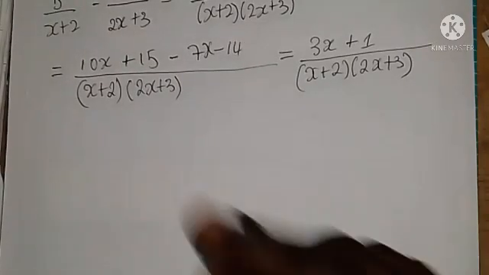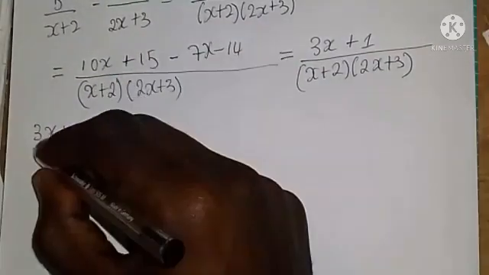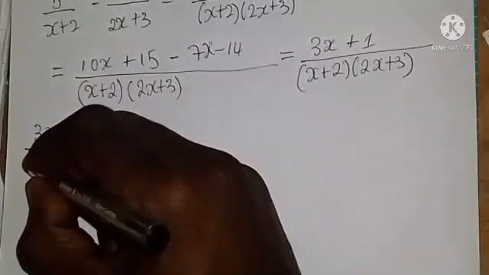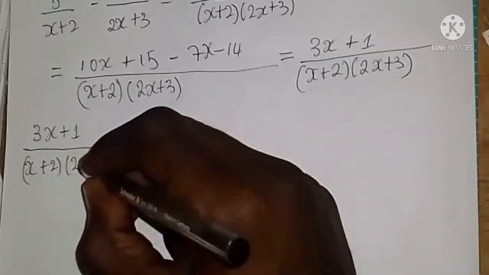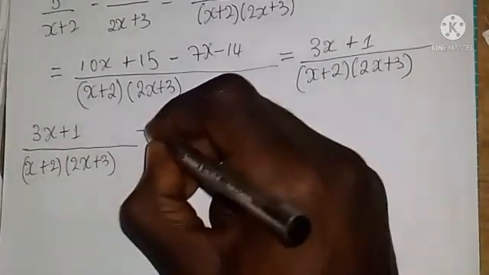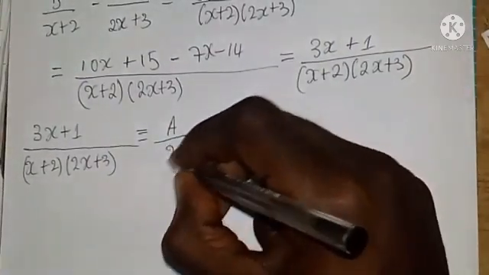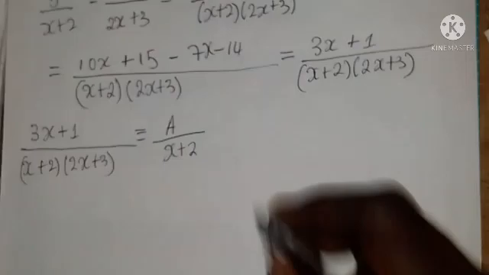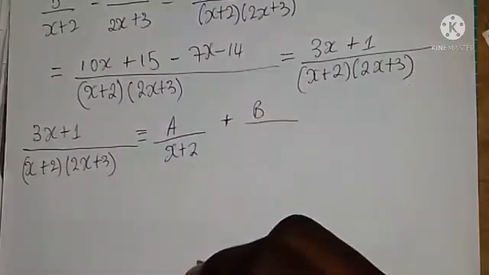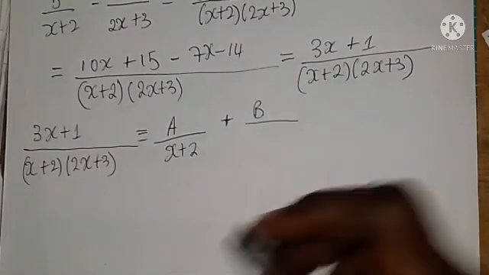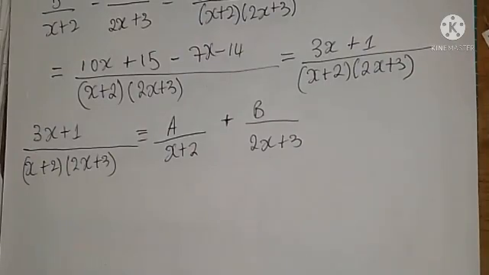We're going to have 3x plus 1 divided by x plus 2 times 2x plus 3 equal to A on x plus 2 plus B on 2x plus 3.